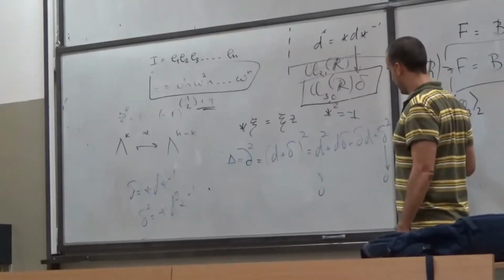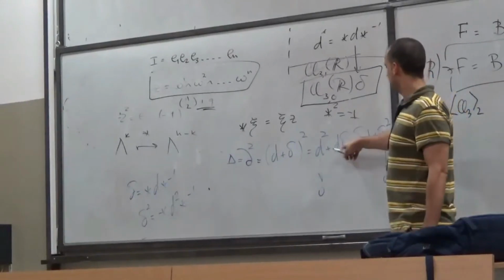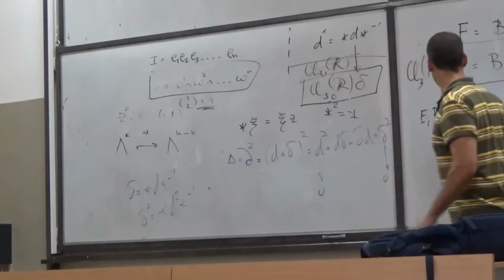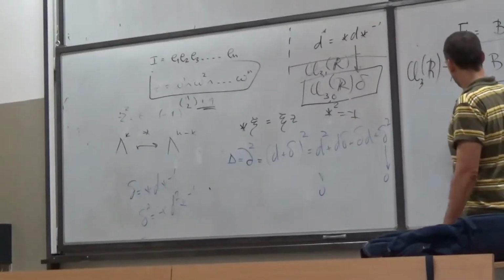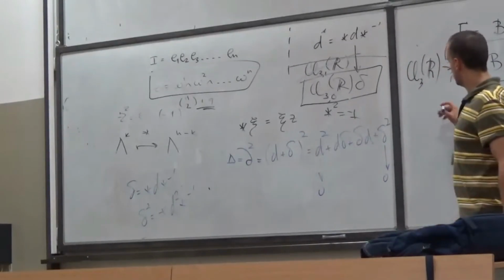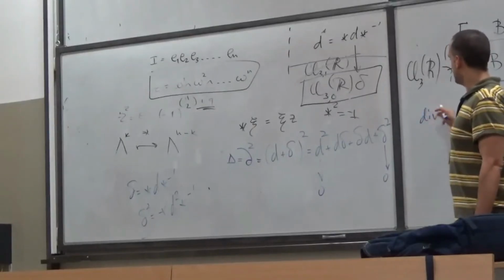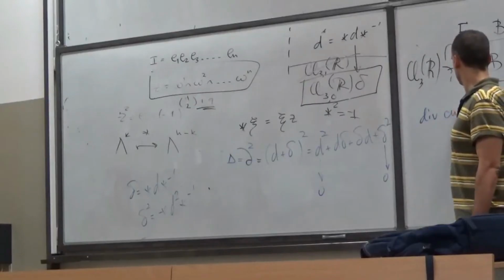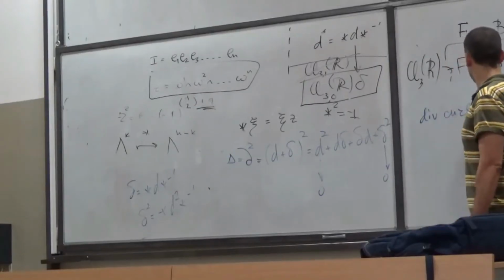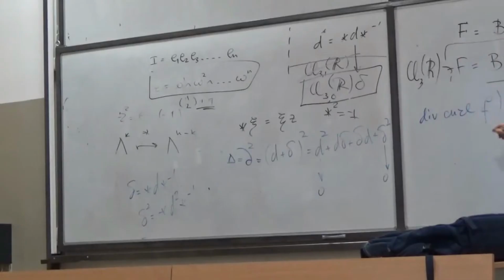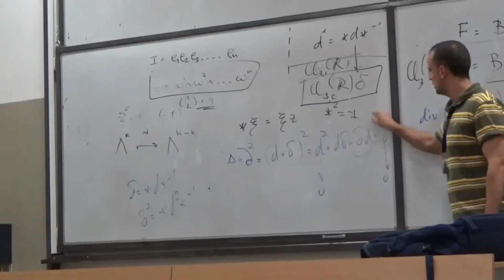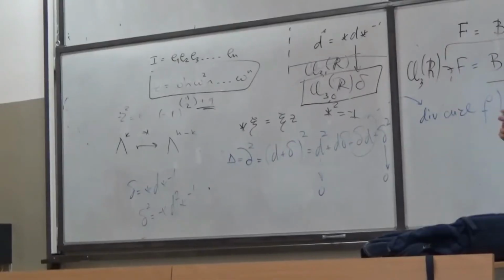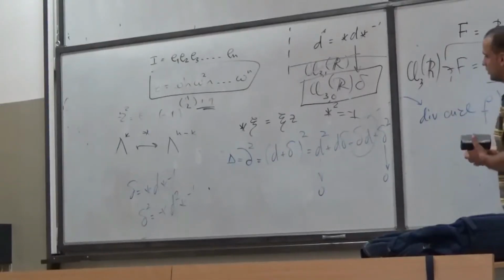For a scalar function, delta f is 0, yeah. So we're going to have delta d, nothing more. Which in Cartesian coordinates is written as the divergence of the gradient. Yeah. Is equivalent. So this is in Cartesian coordinates, for a scalar value function.